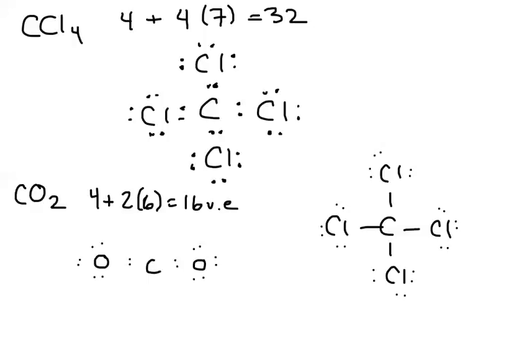Is everyone good? The carbon is not happy. Why is the carbon not happy? It has 4. So what are we going to do? Take a lone pair from each side.